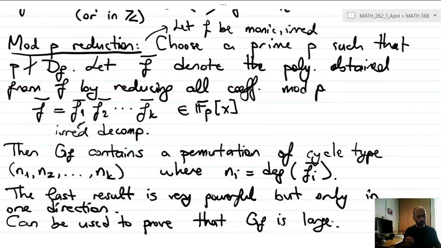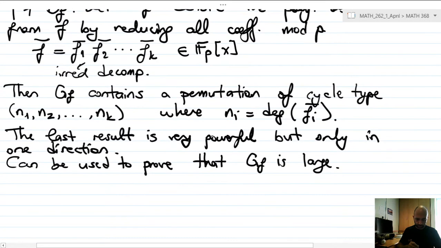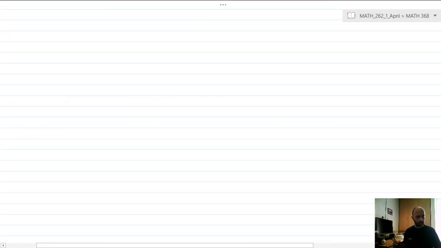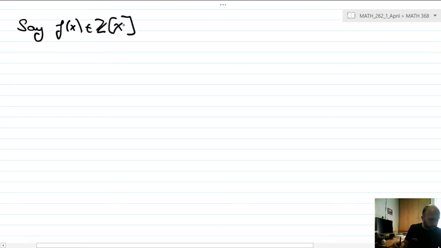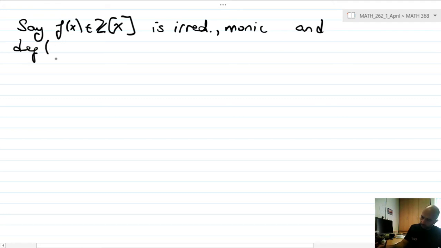Okay, so in this lecture we want to sort of move in the opposite direction. So we'll look at some case study where we can make some deductions that G_f is small by using some other tricks or techniques. Okay, so let's start over. So say f in Z[x] is irreducible, monic, and let's concentrate specifically on degree 6, so sextics.